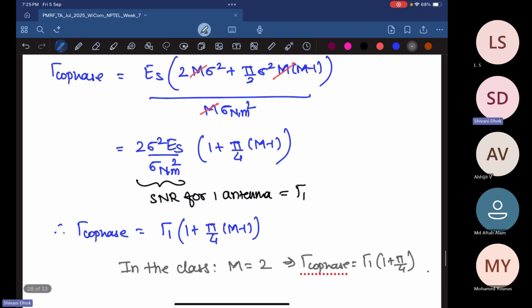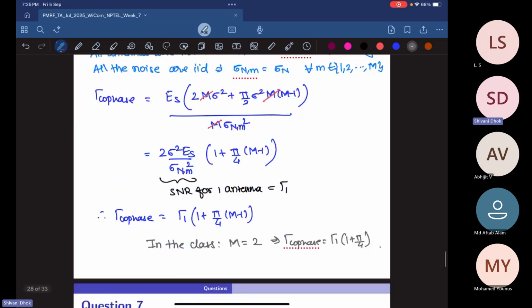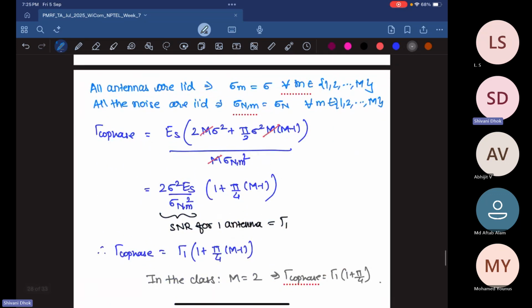Any questions? So this is all about the average SNR for the co-phasing combining scheme. If this is clear, then I will move on to the other part for optimal combining.